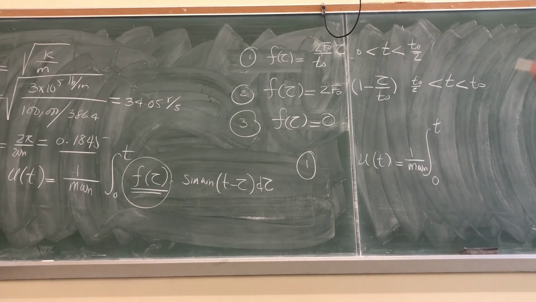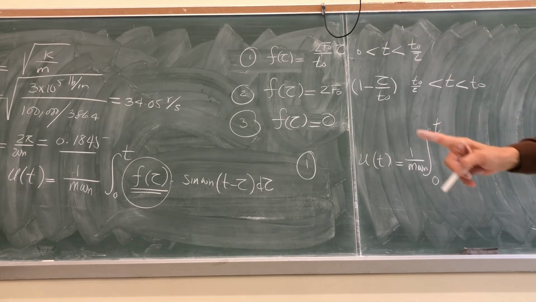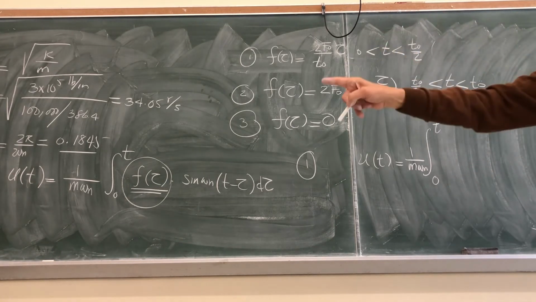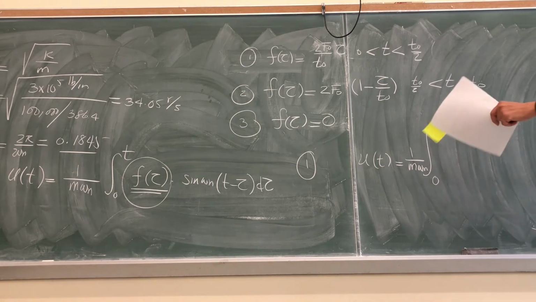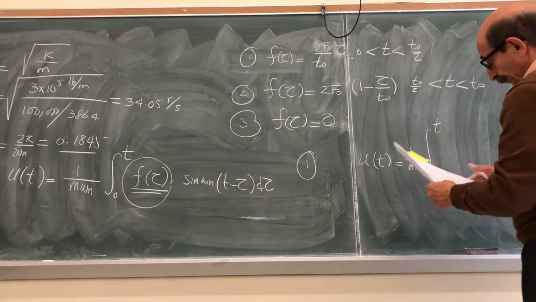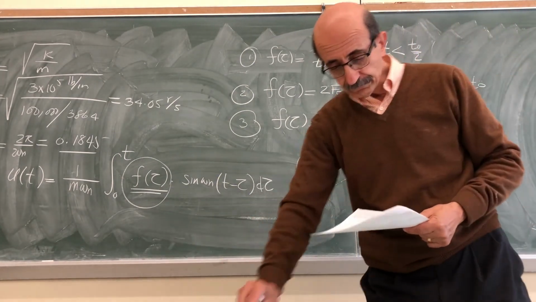We want to derive an expression for the response while the force acting on the system is that ramp loading going from 0 and later, before it gets to t0 over 2, so at any point of time. So if you do that.